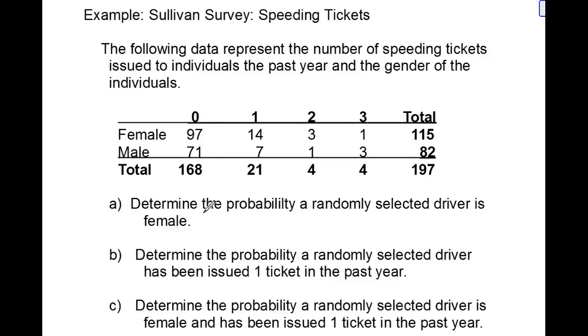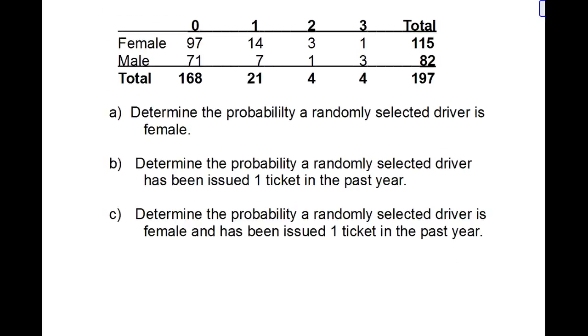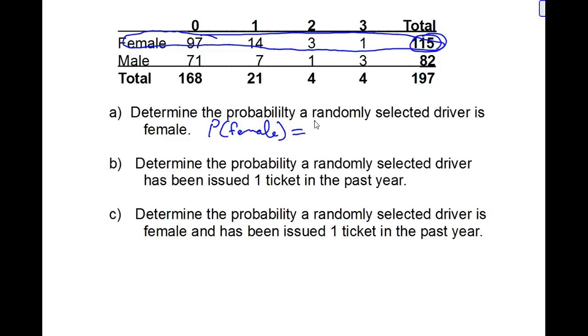So the first thing we want to do is determine the probability that a randomly selected driver is female. So when we're looking at female, we're looking right here, and we have a total of 115 females. So the probability of being female is the total number of females, which is 115, over the total number of people surveyed, which is 197.